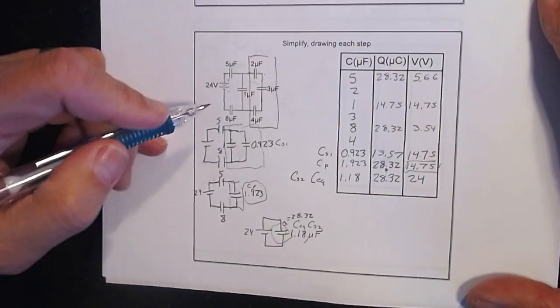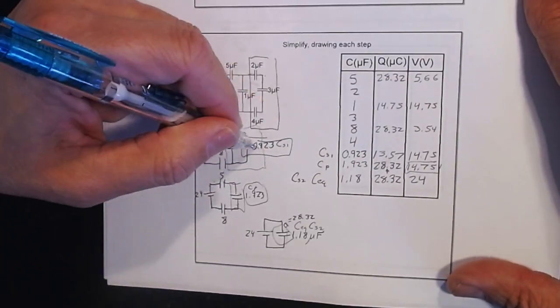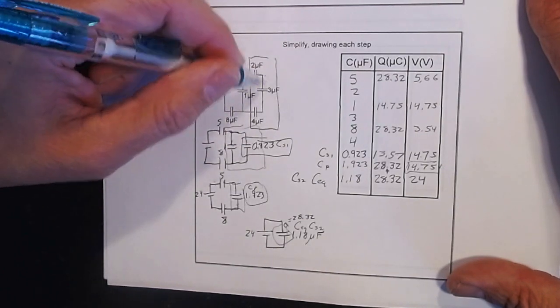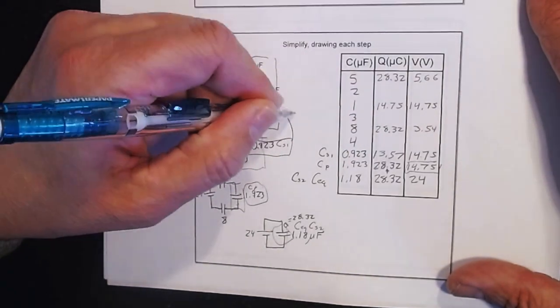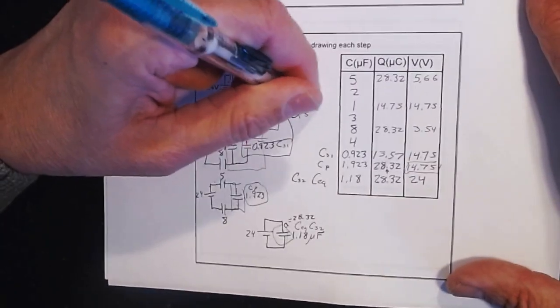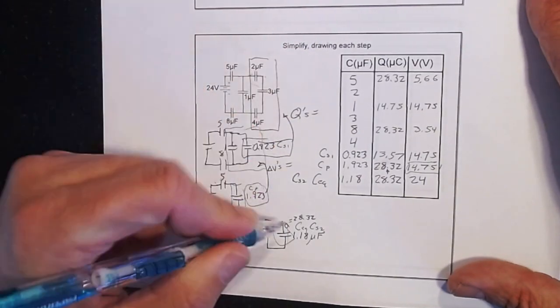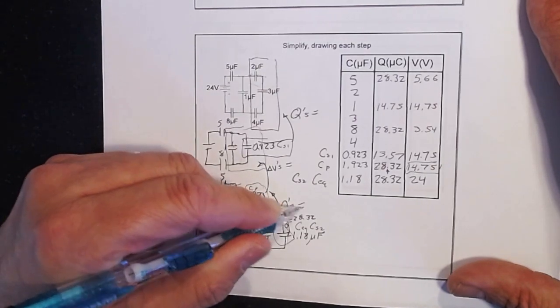So the very last thing I've got to do is take this one, the series one. Remember, this will have the same charge as each of these. So the charges are the same. Let me put that, Q's are equal. This one, the voltages, delta V's, were equal. This one, again, came from series, so the charges were equal.